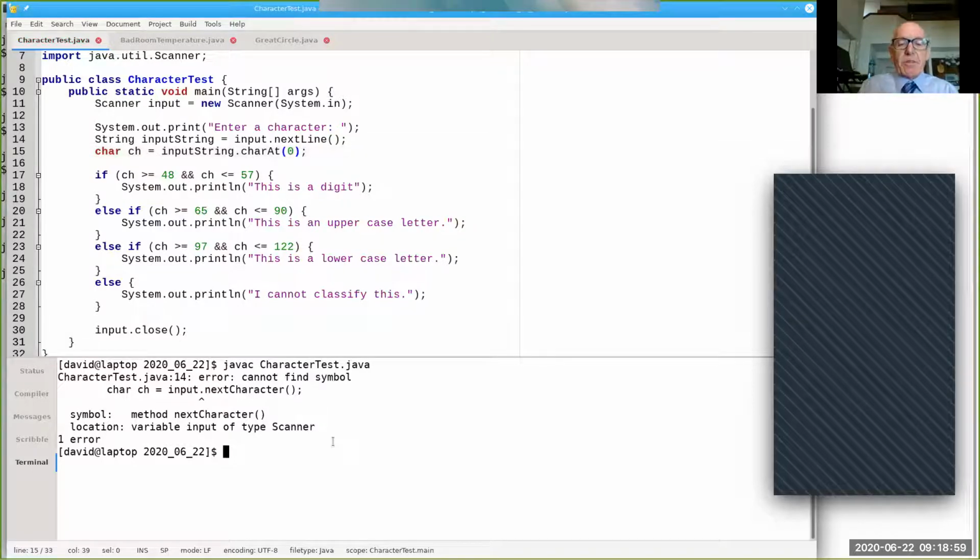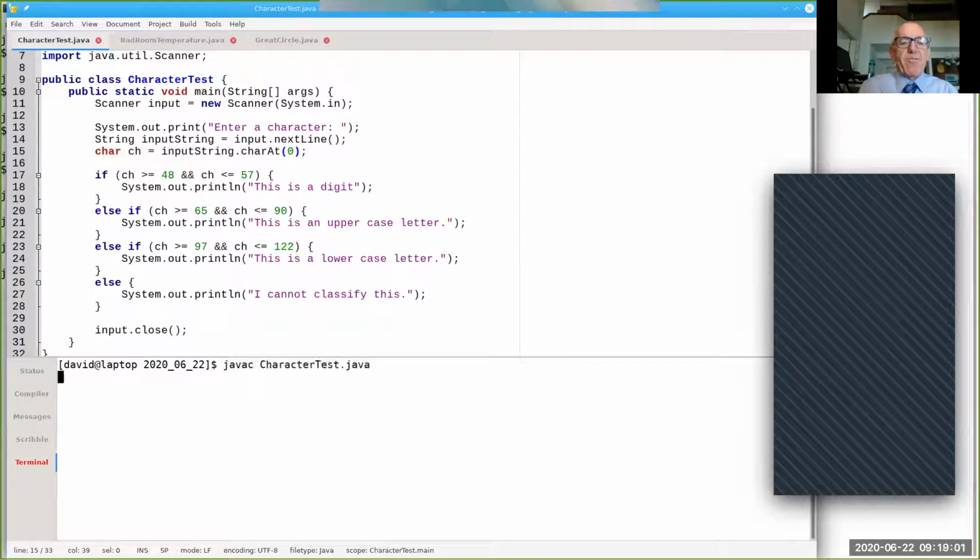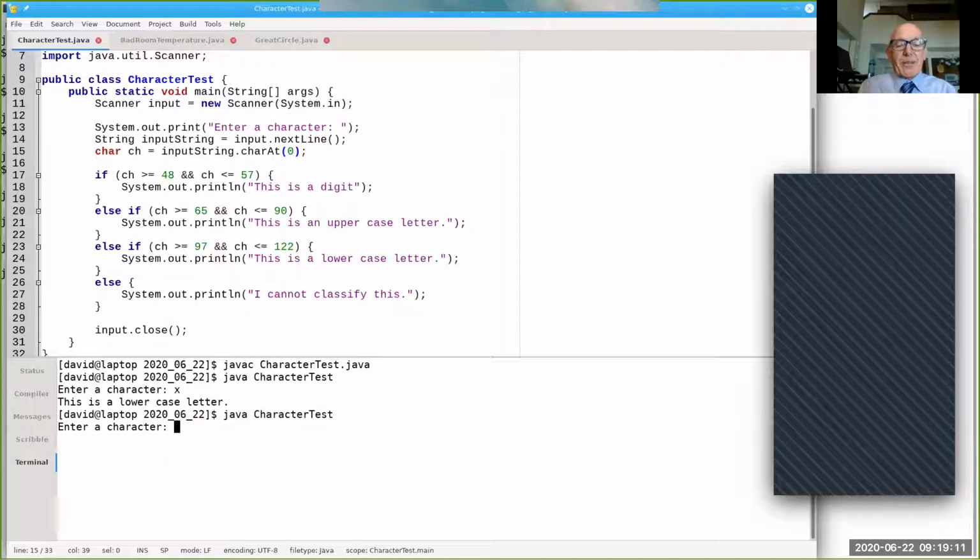Let's see if that works any better. Perfect. Now if I say character test and I enter a character of lowercase x, that's a lowercase letter. If I enter 5, this is a digit. Okay. I'll talk about this charAt in a couple of minutes here.